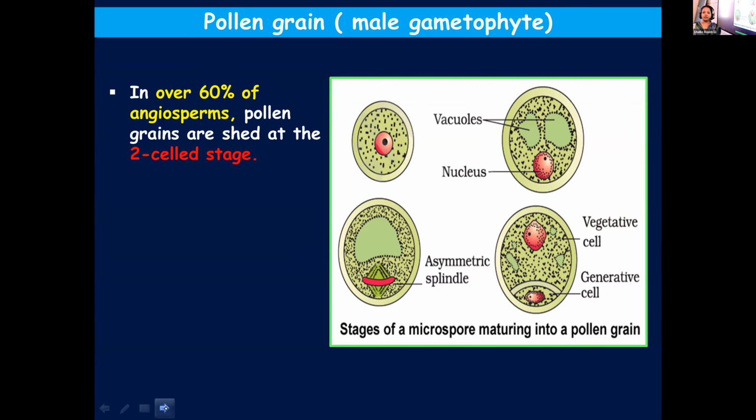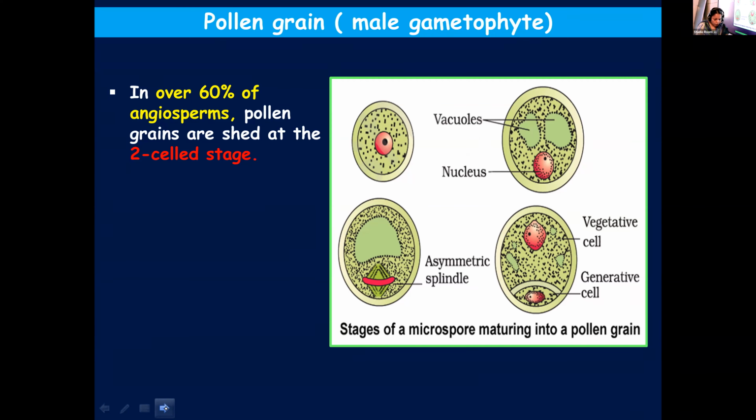As the pollen tube is growing towards the ovule, towards the female gamete, a mitotic division takes place. The generative cell will undergo mitotic division and form two male gametes.